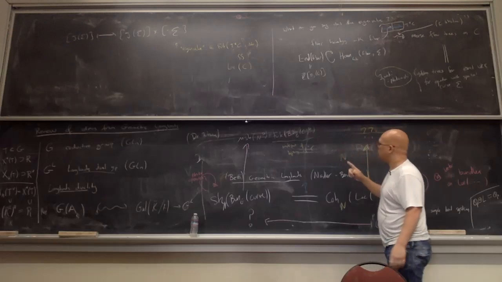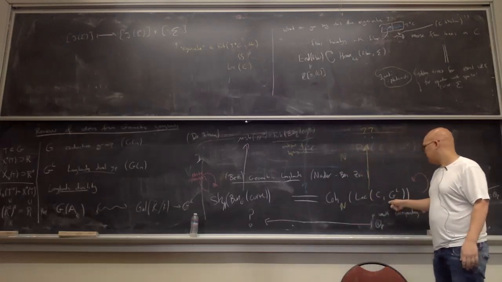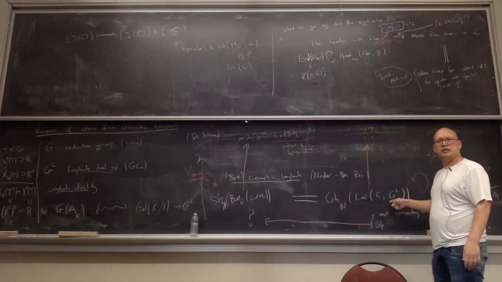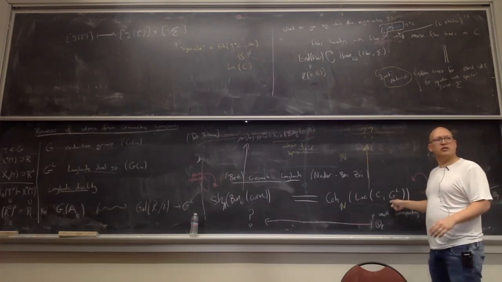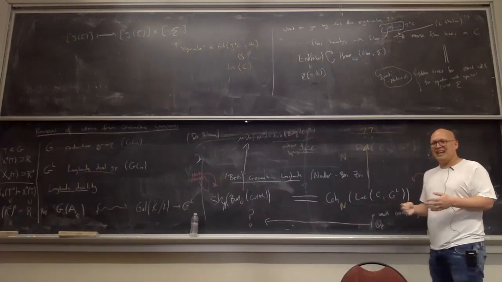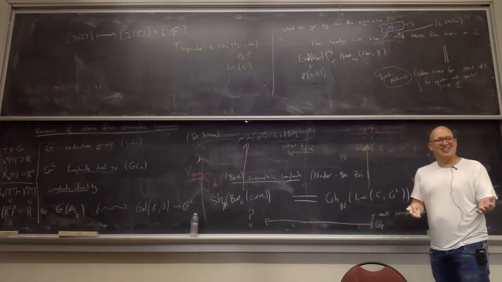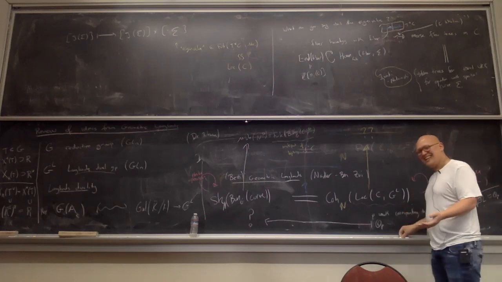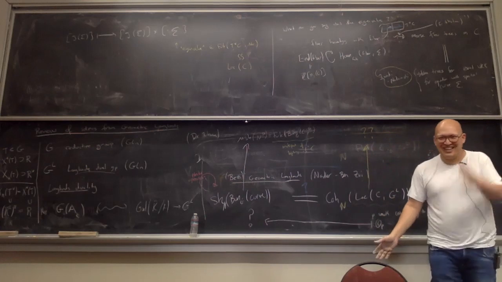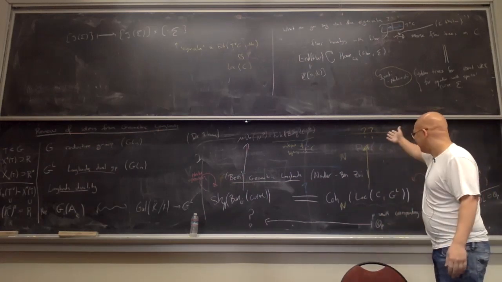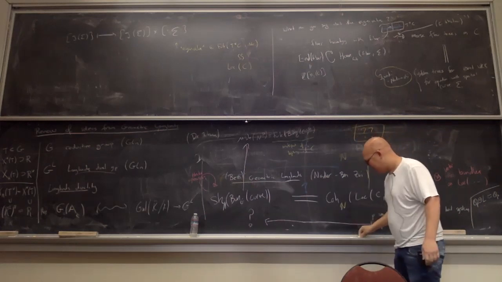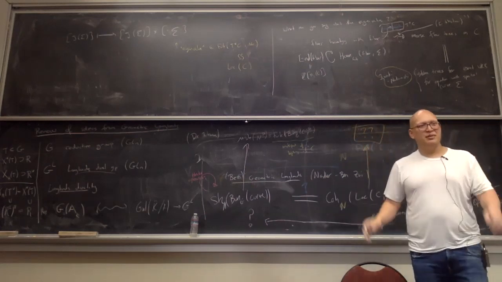And therefore, it is natural to expect some good answer on this side. But we have no idea what the answer is. I don't know what it is. But yeah, that's the question about mirror symmetry.